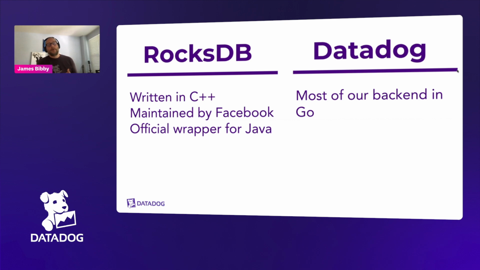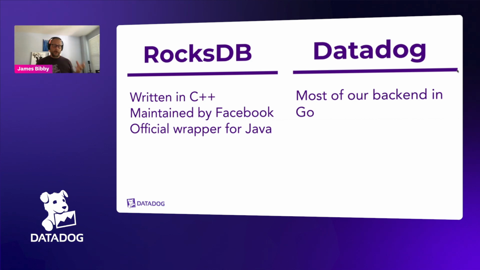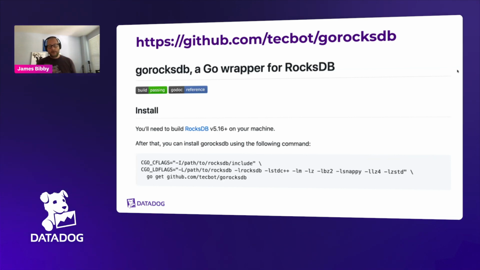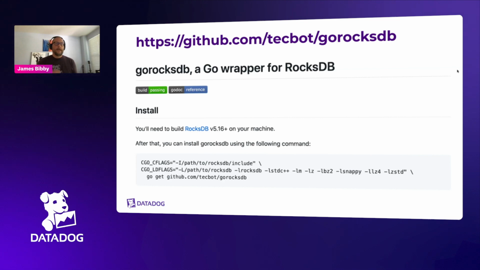There's an excellent open source library which provides bindings between Go and the C interface for RocksDB. So RocksDB is written in C++, but they provide a C interface, and via CGO you can call that C library.